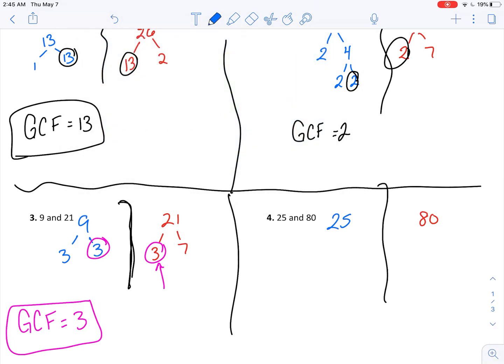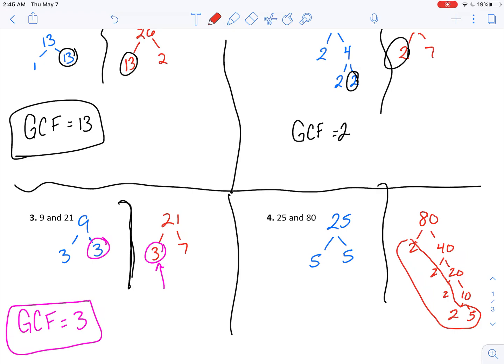So 25 I know is 5 times 5, and 80 is, let's see, 2 times 40, and 40 is 2 times 20, 20 is 2 times 10, and 10 is 2 times 5. So these are all my prime factors.